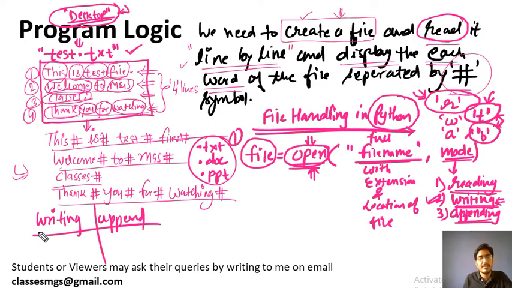Let's suppose this is the test.txt file, and if you are opening it in write mode, then if you write anything into this file using the write method, what will happen? It will overwrite this content. It will delete the existing content and write the new content.